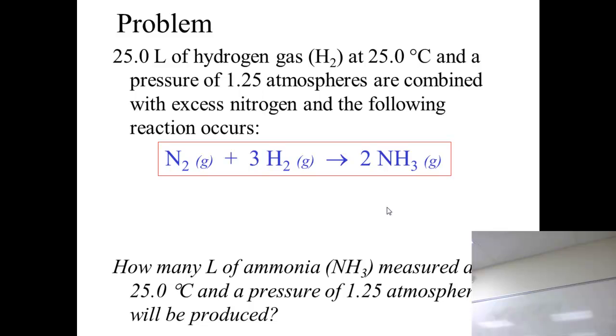So here's how you can work this problem. We can take this volume, which is 25.0 liters, put it over 1, and then slide in that ratio from the previous slide. 25.0 liters of H2 times 2 liters of ammonia over 3 liters of hydrogen.